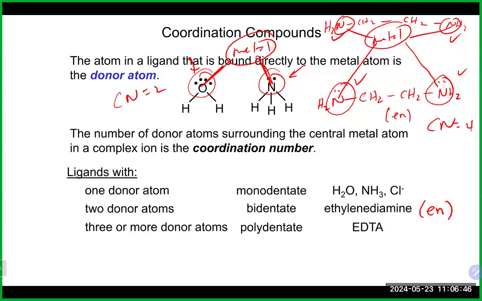Another very common bidentate ligand is oxalate. I think I might have drawn it in an earlier chapter, but once again, this is what oxalate looks like if you draw it.